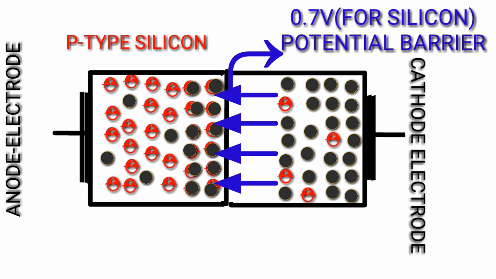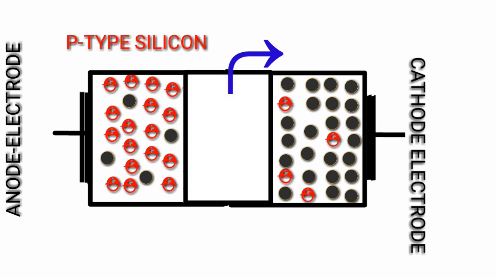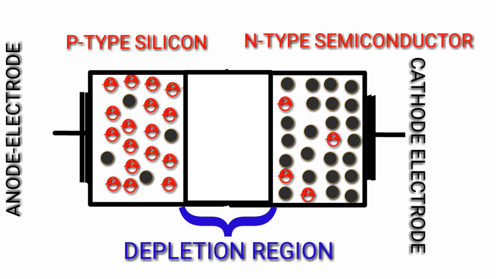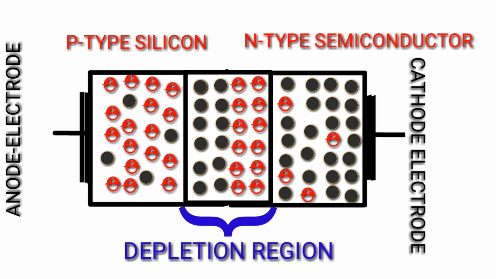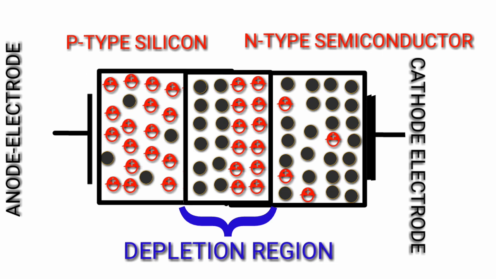Then the diode creates the depletion region, and the only things left in the depletion region are the ionized donor or acceptor impurities. There are some minority positive and negative charges trying to recombine in the depletion region, but the depletion region is strong enough to push back these minority charges.